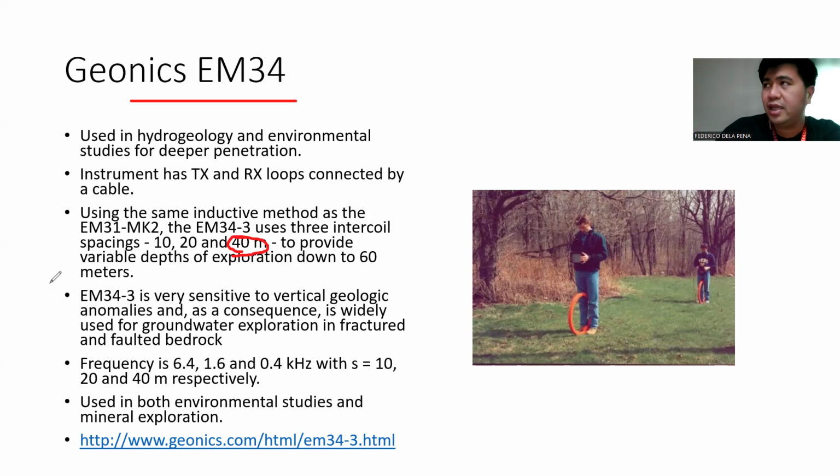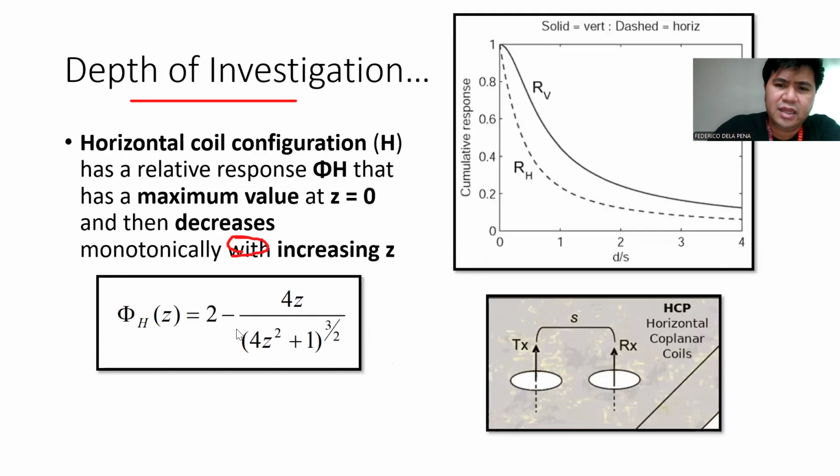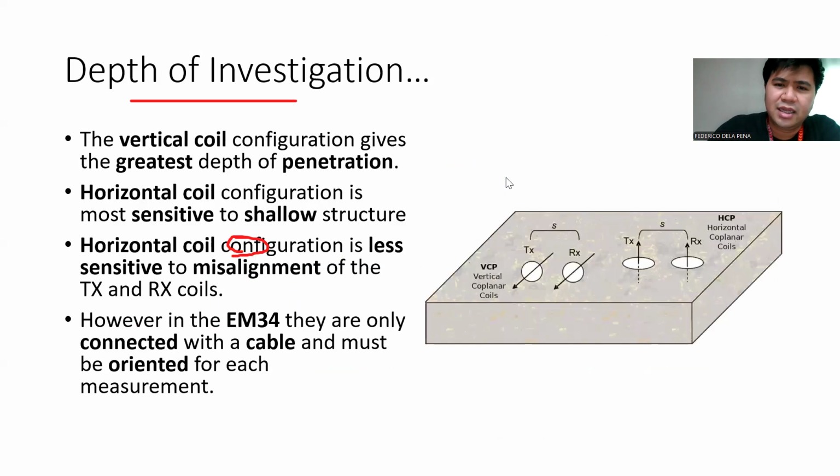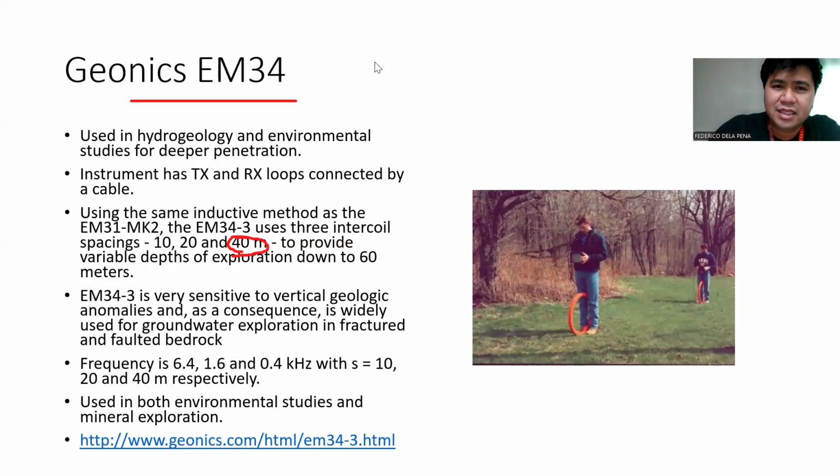So if you're going to do a vertical coil at 40 meters spacing, the depth of penetration is 40 times 1.5. You get 60 meters penetration depth. Yeah, 60. It's VCP.